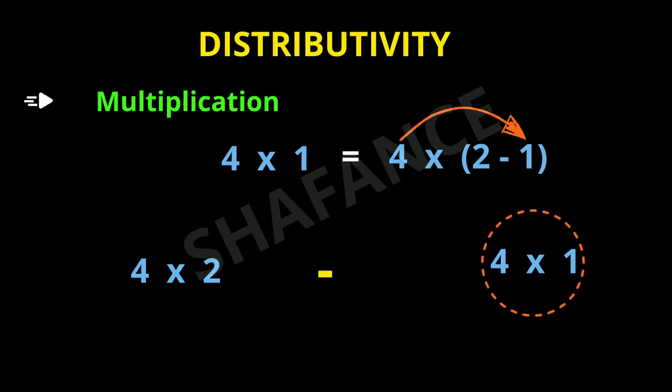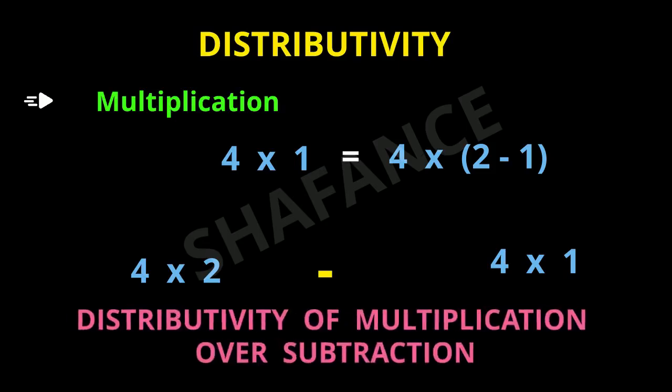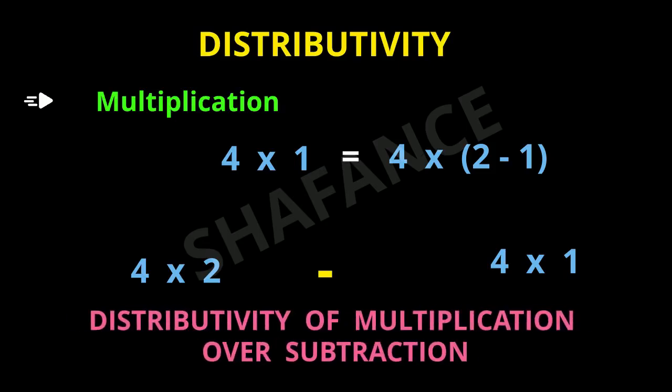And 4 into 1 we get from 4 multiplied by 1 inside the bracket. And we get the minus sign over here in yellow because we have a minus sign inside the bracket. So we can see that 4 outside the bracket is getting distributed over the digits inside because of the multiplication sign. So this is distributivity of multiplication over subtraction. So we have seen that multiplication gets distributed over addition and also subtraction.